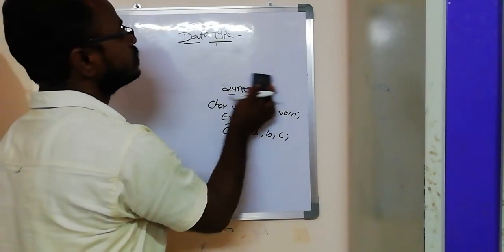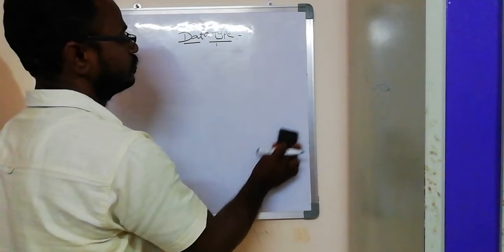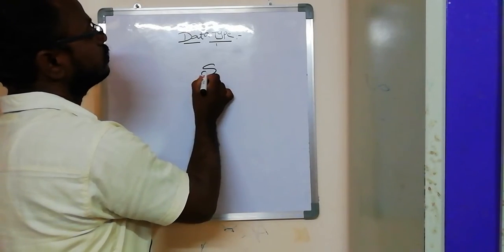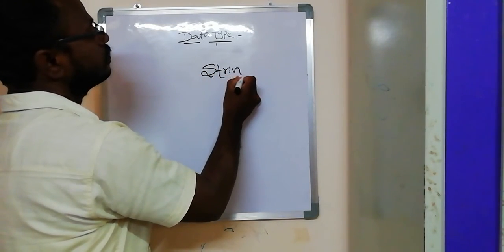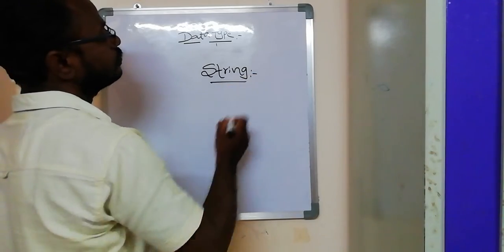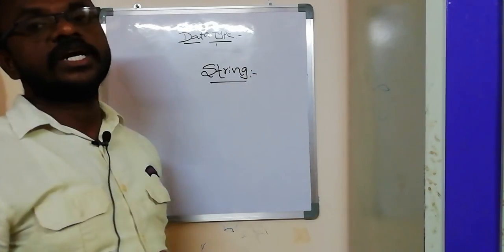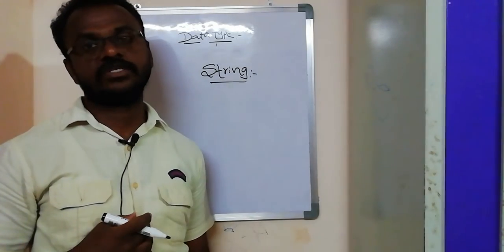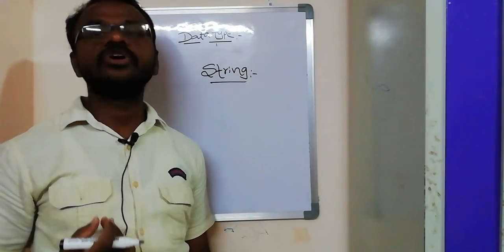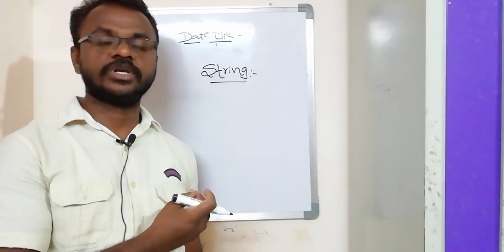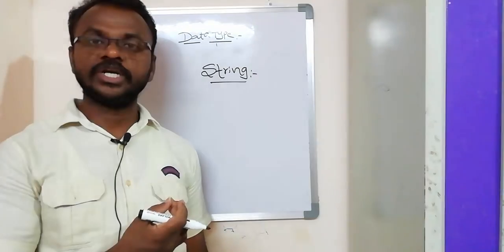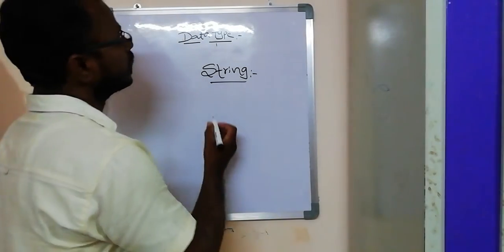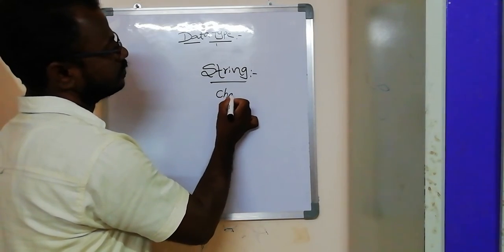The next one is the string data type. In C language, this data type cannot be used directly. These string operations can be completed using the character keyword char.